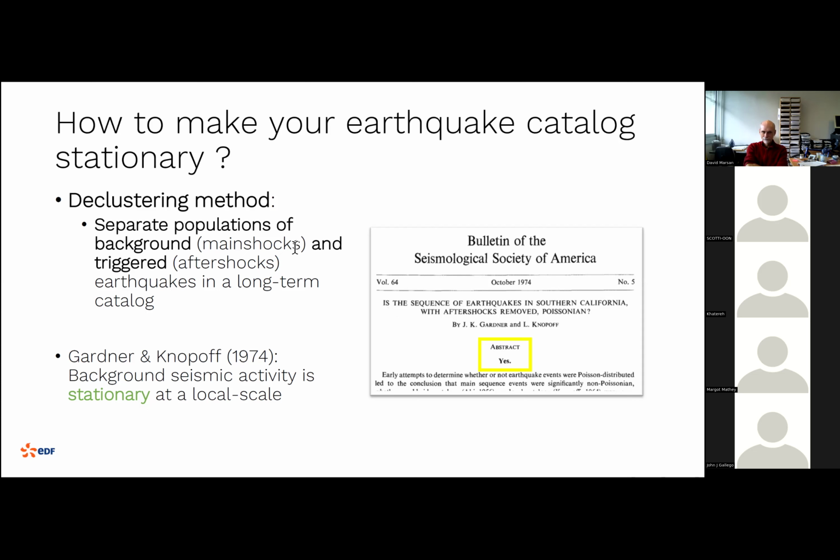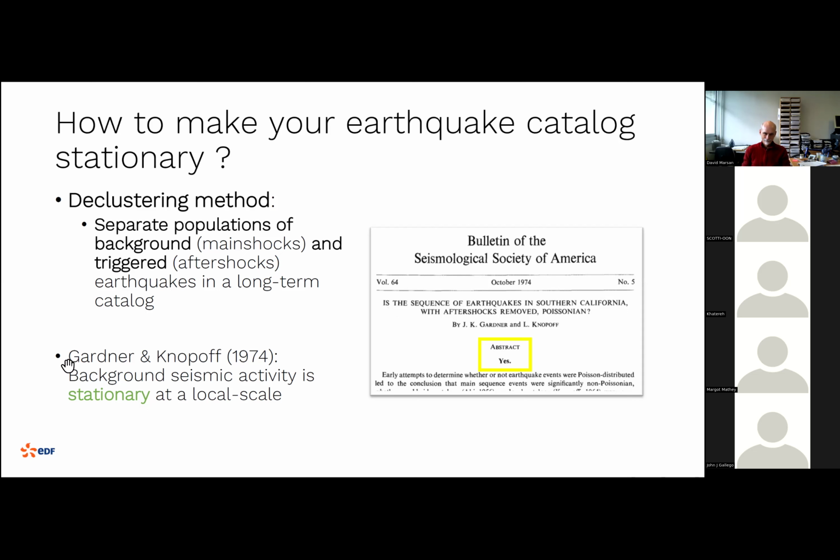To make our catalog stationary, we will separate two different populations from our catalog: a population of background events, considered independent from one another, which are what we call mainshocks, and triggered events, which include foreshocks and aftershocks.